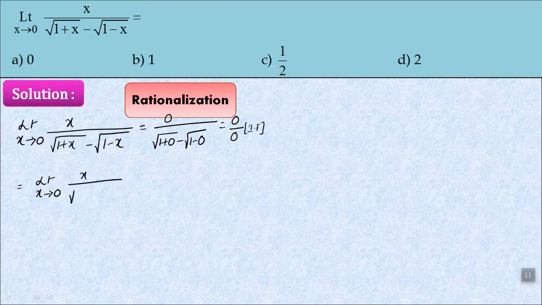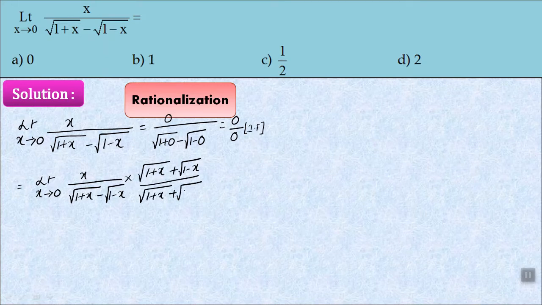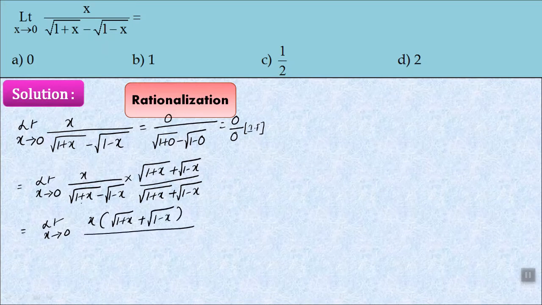Using the method of rationalization for solving this, this equals to limit x tends to 0, x divided by (square root of 1 plus x minus square root of 1 minus x) into (square root of 1 plus x plus root of 1 minus x) divided by (square root of 1 plus x plus square root of 1 minus x). This equals to limit x tends to 0, x into (square root of 1 plus x plus square root of 1 minus x) divided by, it is in the form of (a minus b) into (a plus b).